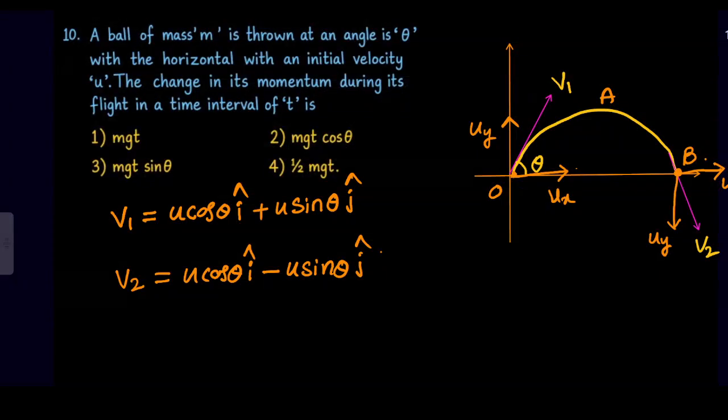Remember this. Now we need to find the change in momentum, for which change in velocity delta V is required. Change in momentum means change in velocity. Find out the delta V, how much will it come?